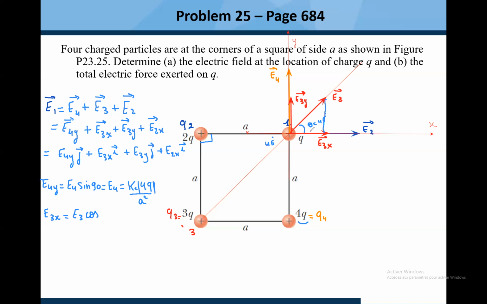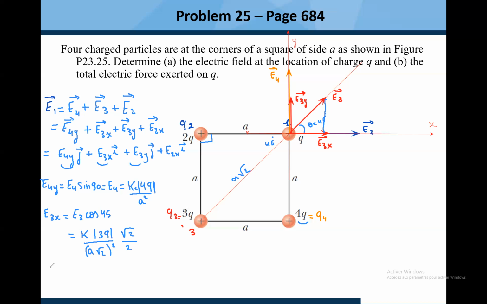The x component, the adjacent one, is cosine 45. E3 equals K times Q3, which is 3Q, over the distance a radical 2 squared. Cosine 45 equals radical 2 over 2. It's okay.